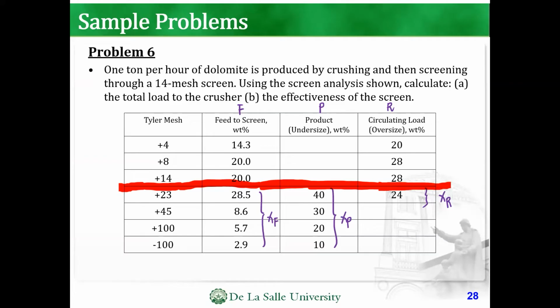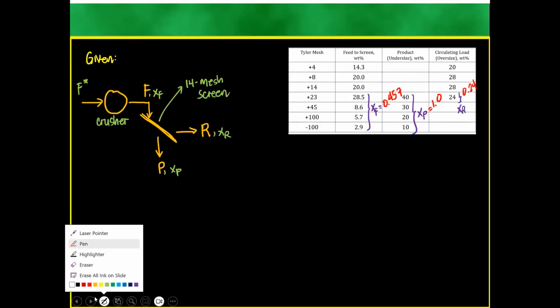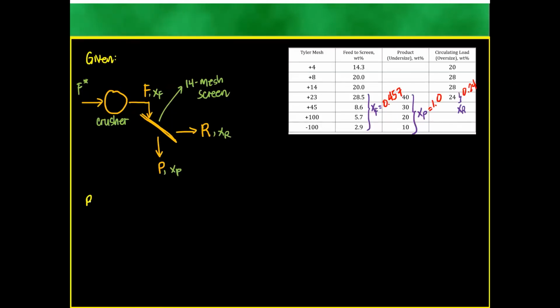Total load to the crusher, meaning the F that goes into the crusher, and the effectiveness of the screen. So required, letter A: what's the load to the crusher and the effectiveness of the screen. So how do we solve this?